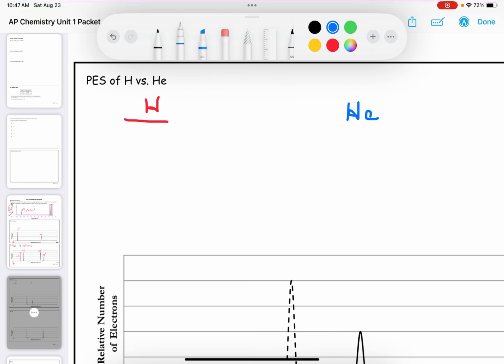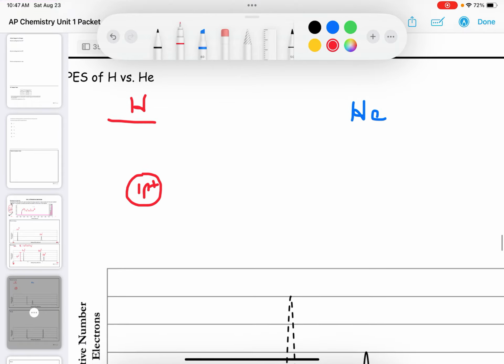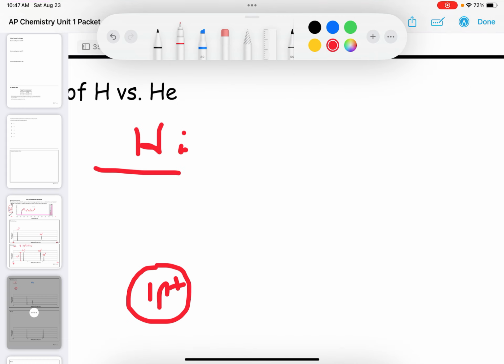Okay. And hydrogen, inside of its nucleus, it has 1 proton, right? 1 positive proton. And without even looking down here, if I think about this for a second, using my periodic table, I know that the electron configuration for hydrogen is a 1s2, or sorry, a 1s1. That's it.